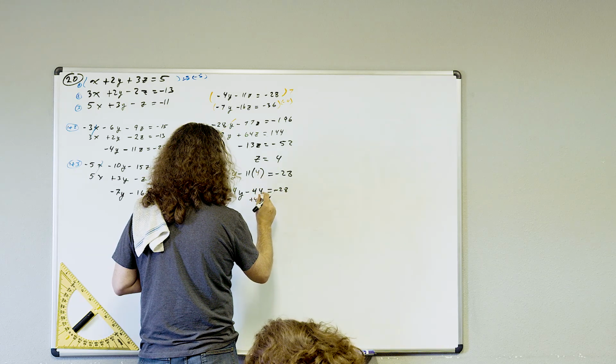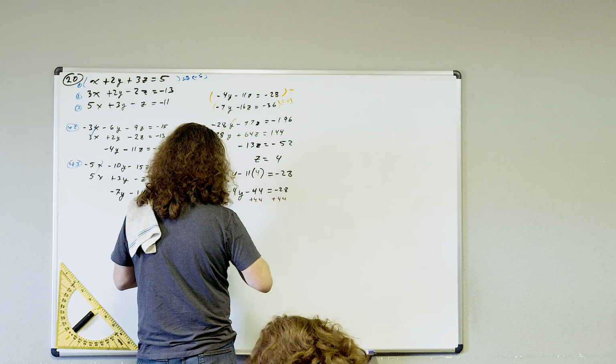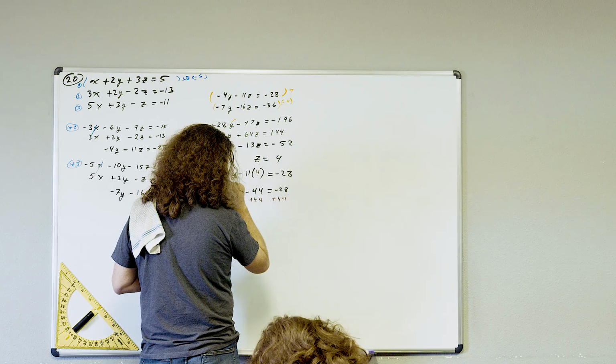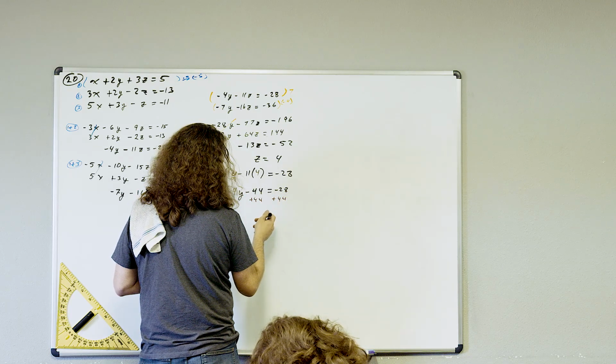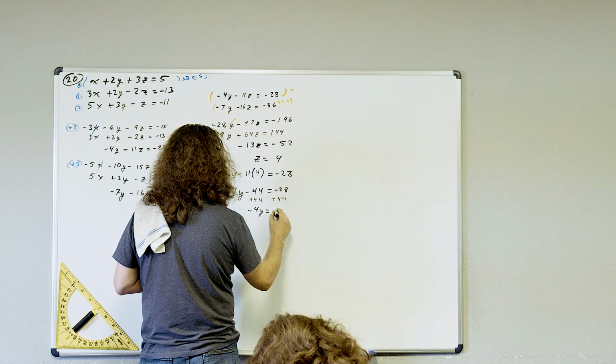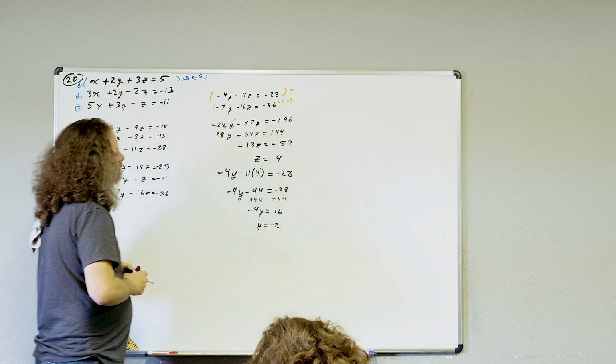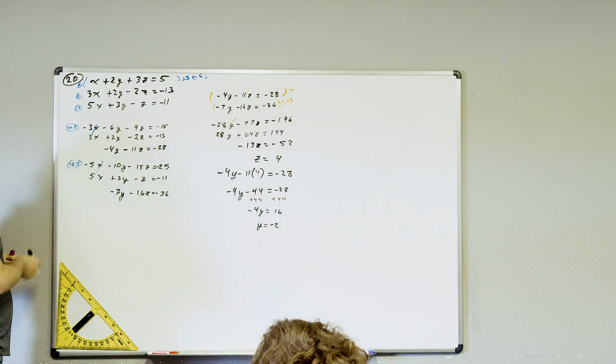Add 44, which would equal 16. 16, so y equals negative 2. And then we go back and pick one of these and plug both of those in.